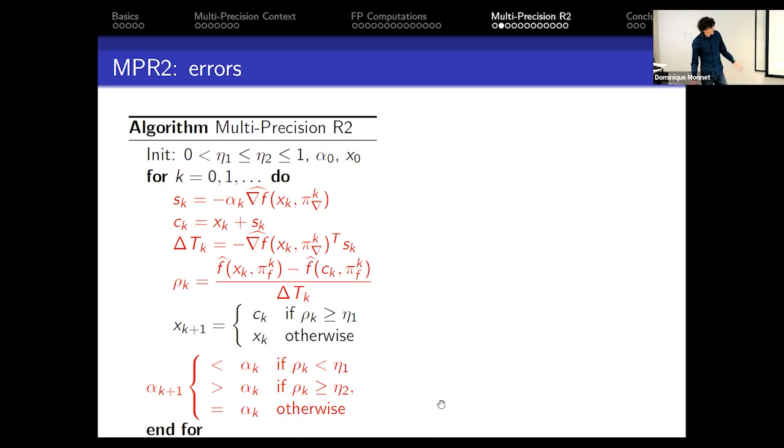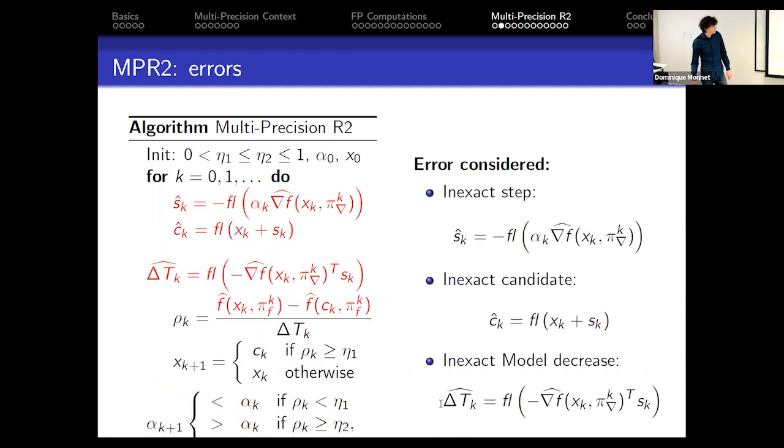But we're going to reduce the range of what we're going to consider. We're only going to say that the step is computed exactly, the candidate is computed exactly, and model reduction too. So we're going to denote with a hat here the fact that it's not computed exactly, and FL here to say it's a floating point computation.